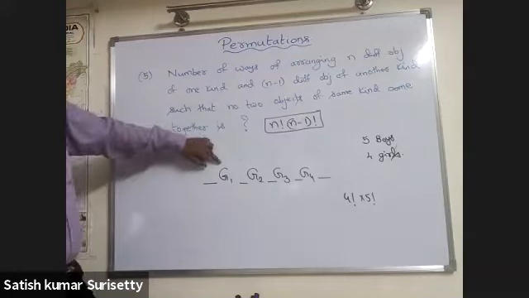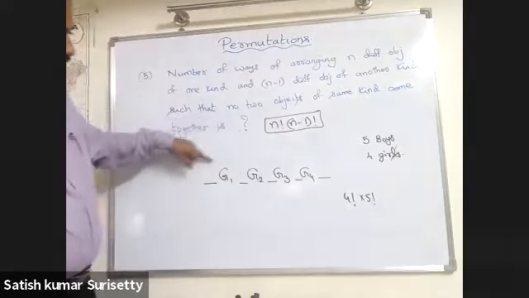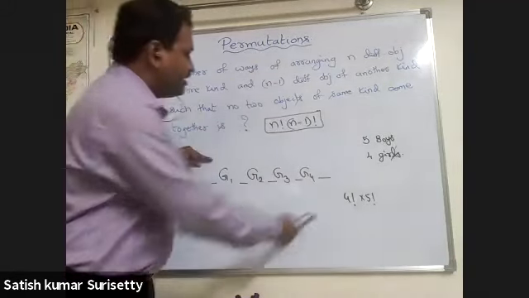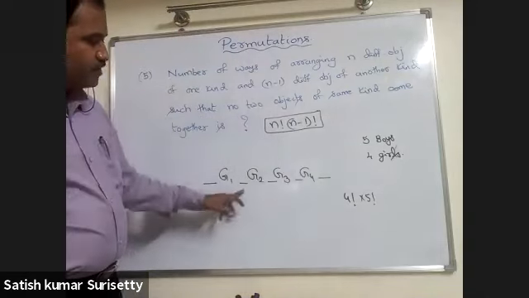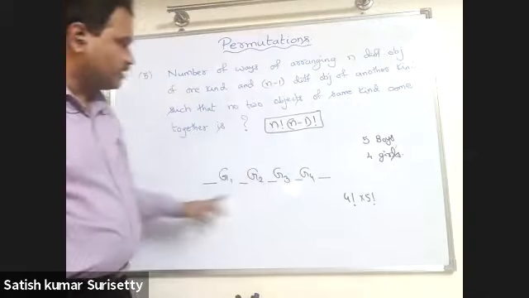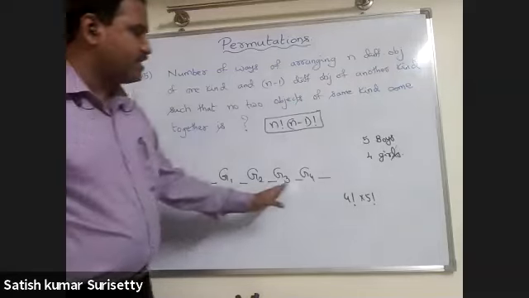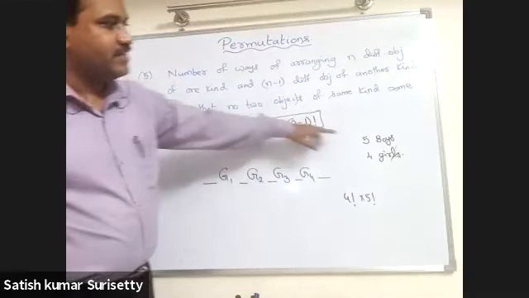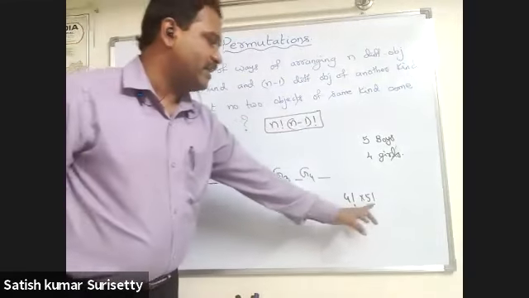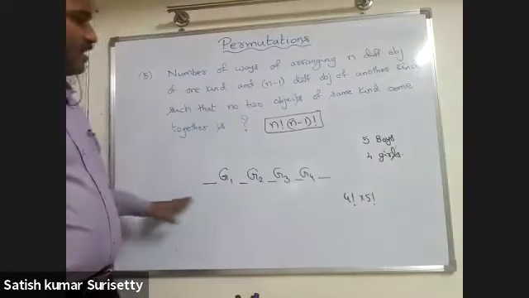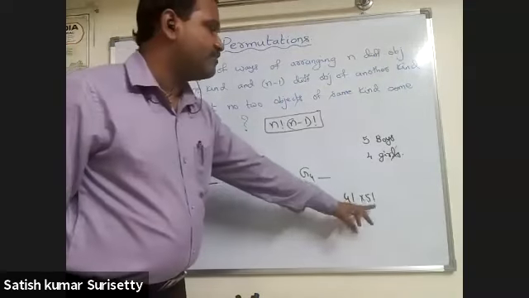That means first if I arrange 4 girls in 4 factorial ways, then in between the girls 3 positions will be there and in the extreme 2 positions. That means these 5 places can be occupied by 5 boys, that can be arranged in 5 factorial ways. So the total number of arrangements will be 4 factorial into 5 factorial.